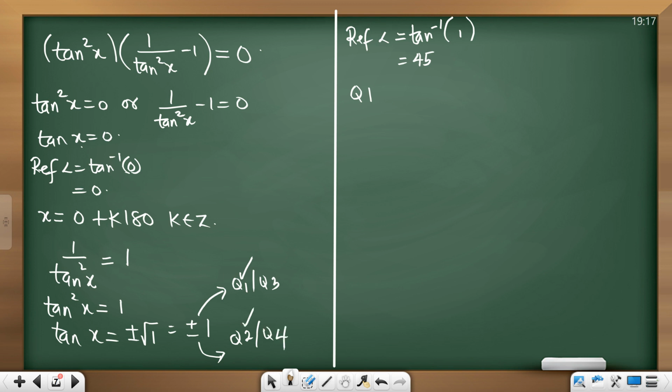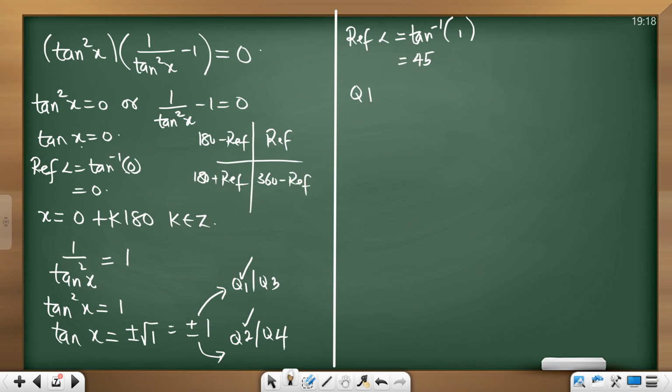We don't need to do both. Make sense? And you remember this is the ref angle, this is theta, 180 minus ref angle, right? This is 180 plus ref, and 360 minus the reference angle.